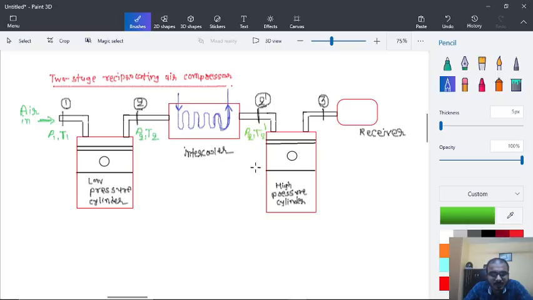One important thing that we need to note down is that suppose we have perfect intercooling. So let me write down the condition for perfect intercooling.